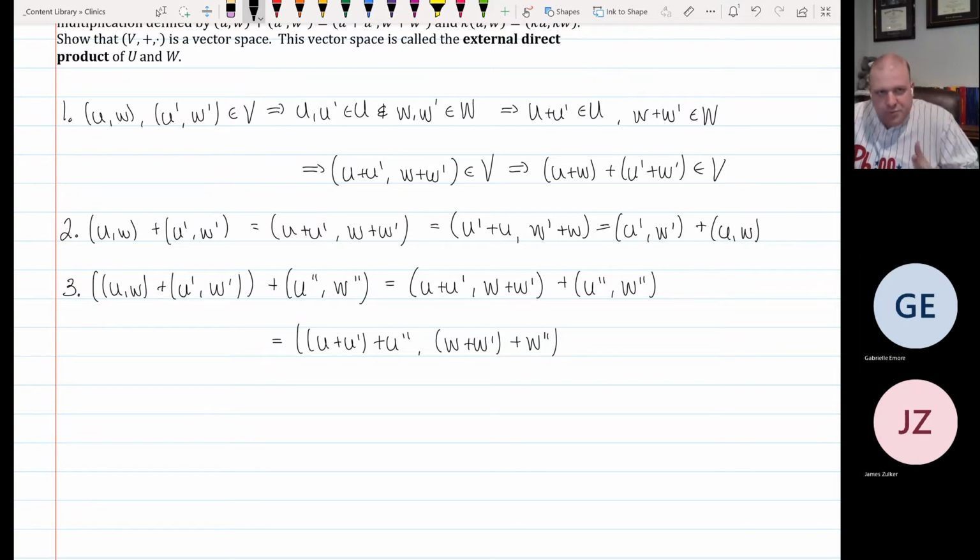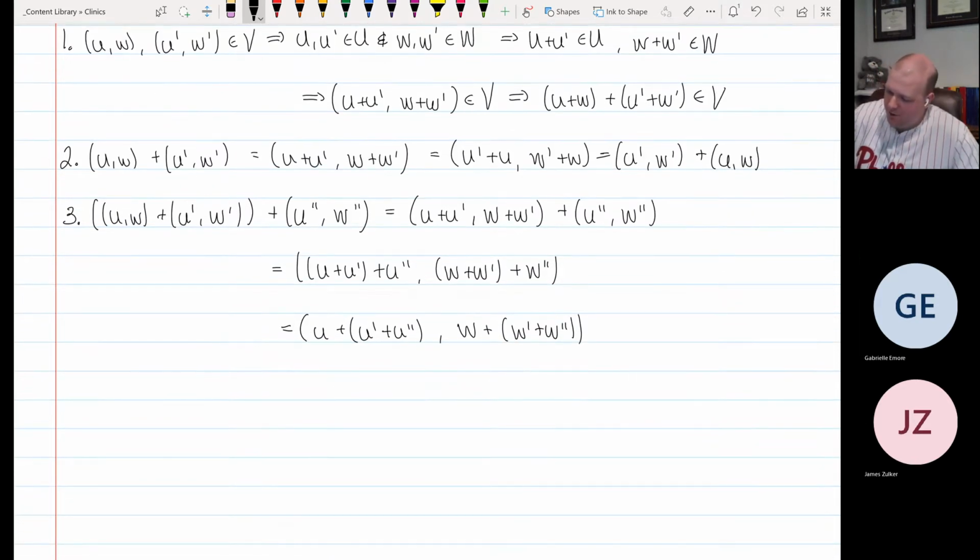Well, again, we know that U and W are vector spaces, right? So addition in U is associative, addition in W is associative. So how we group these additions does not matter. Right now, just decompose it.